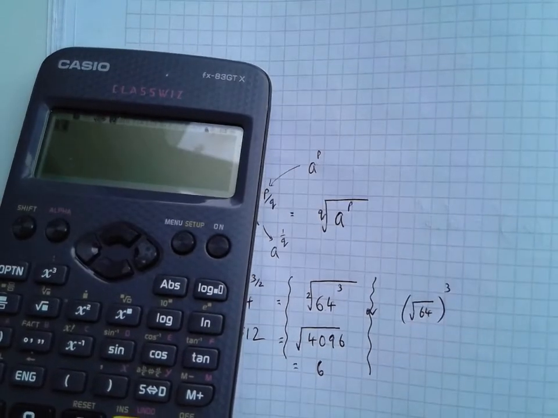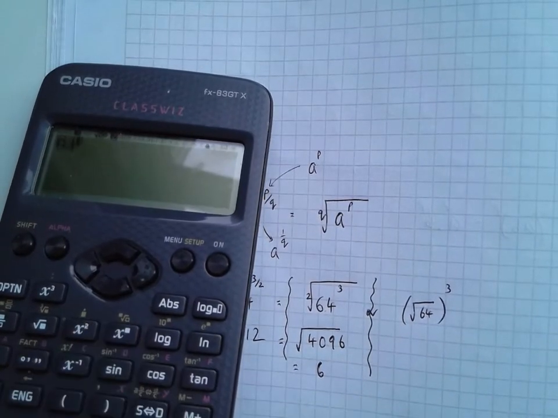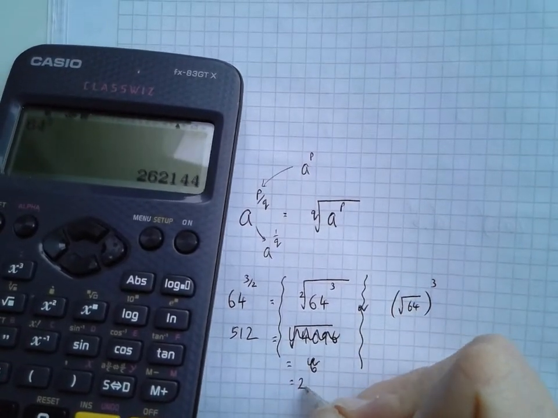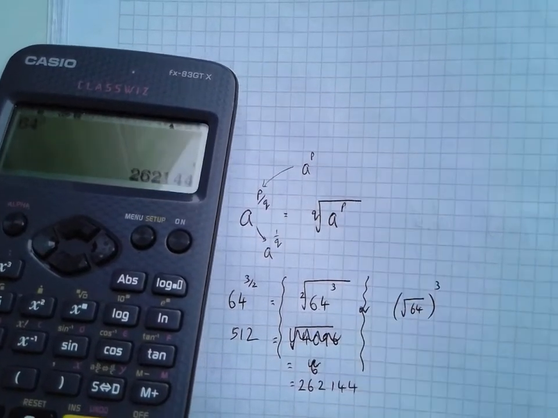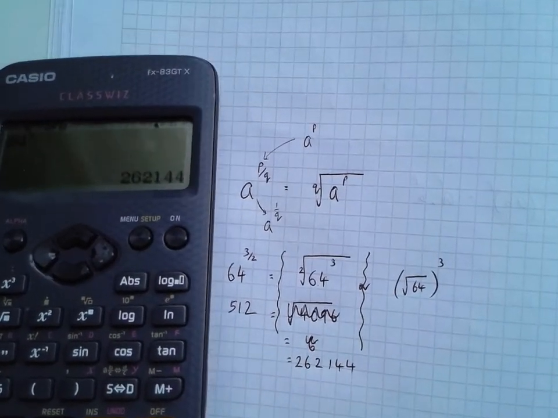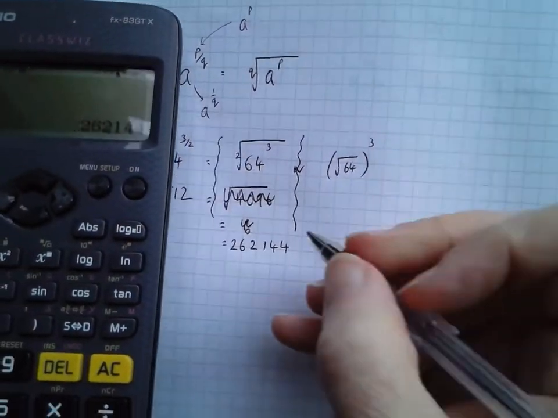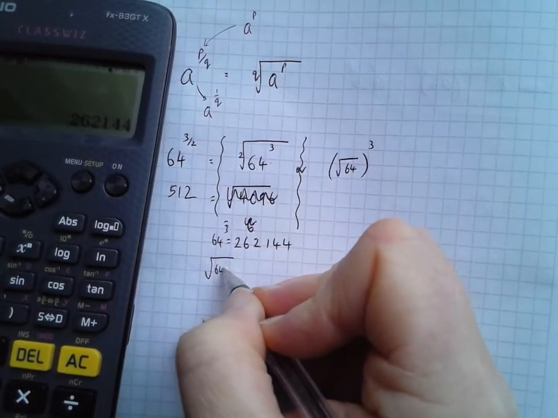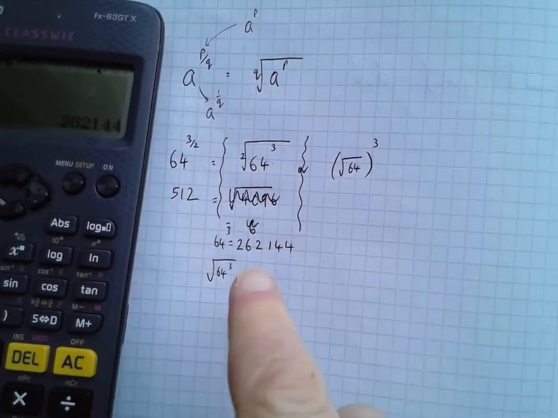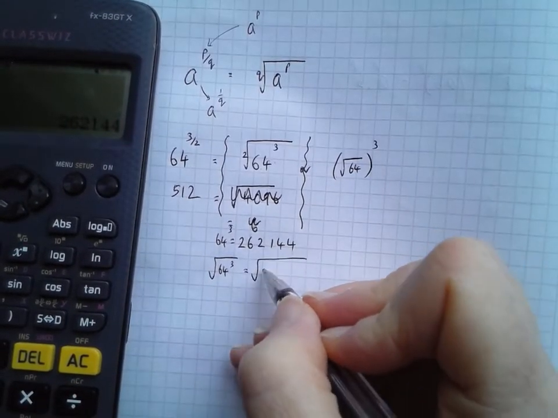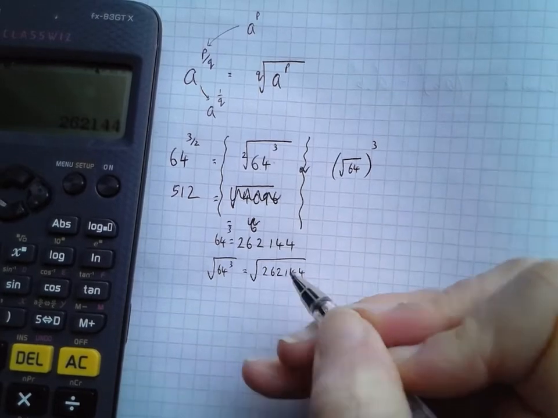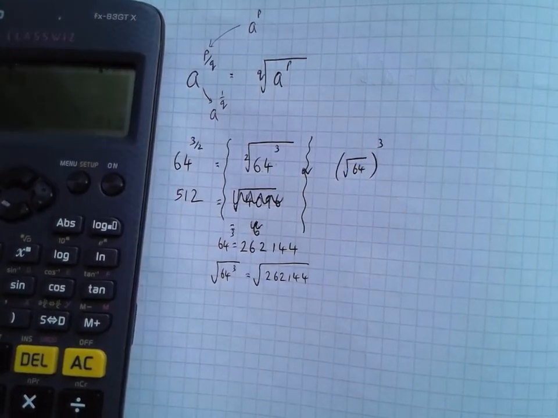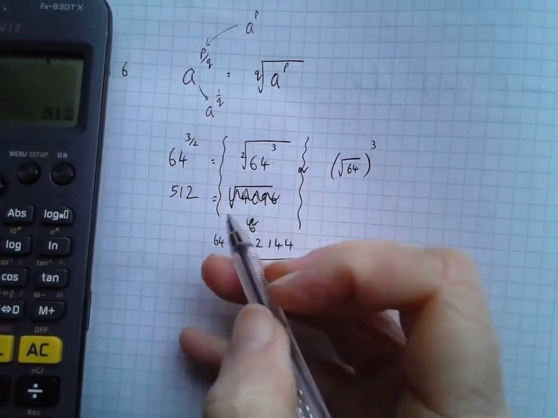I must have done squared. 64 cubed is 262144. And that's the cubed bit. The square root of 64 cubed will then be the square root of that. So the square root of 262144 is 512, the same answer.